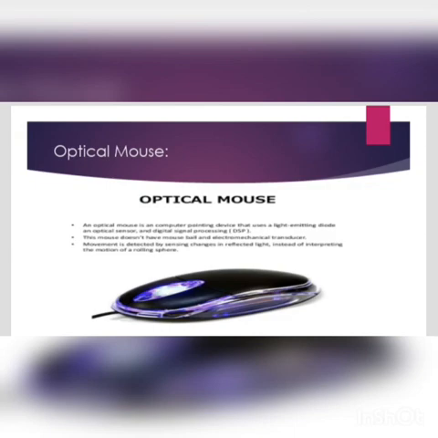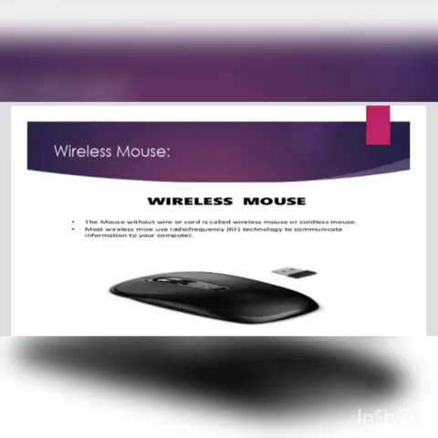You have also seen in this slide, it has a wire attached with it, and a light that is attached in the middle of the back of this type of mouse. So that's how we recognize this type of optical mouse, and almost all the mice that we use today are optical mice.